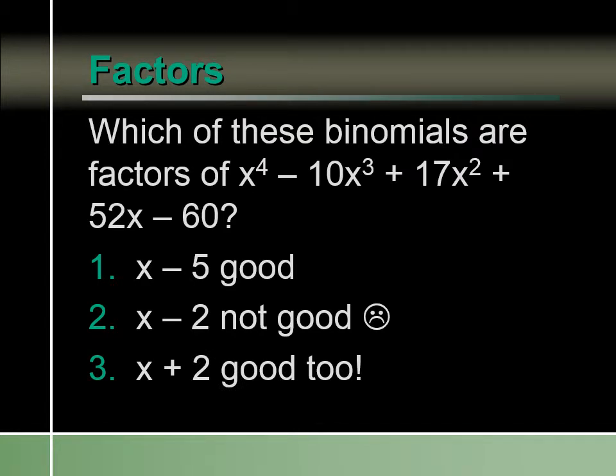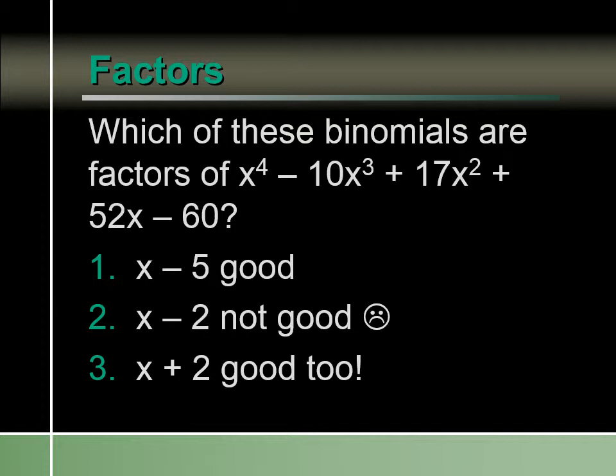The next binomial we want to test is x plus 2. The a value for x plus 2 is negative 2. Remember, the theorem says that it has to be x minus a. So in order for us to have that minus, our a value has to be negative. So we are going to test negative 2.